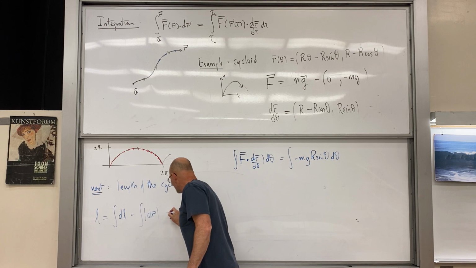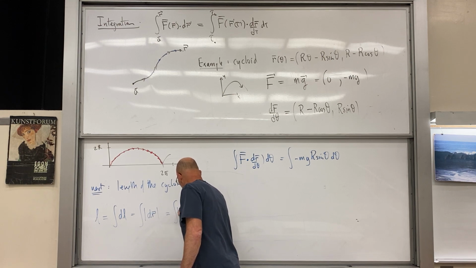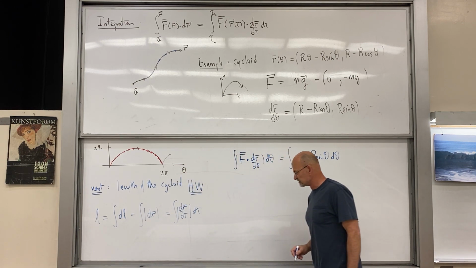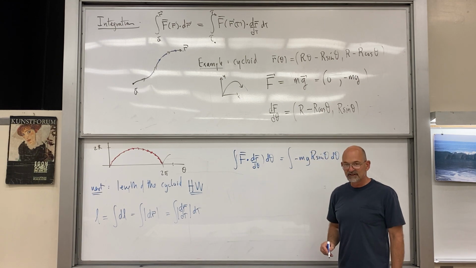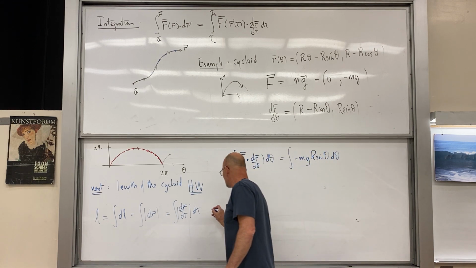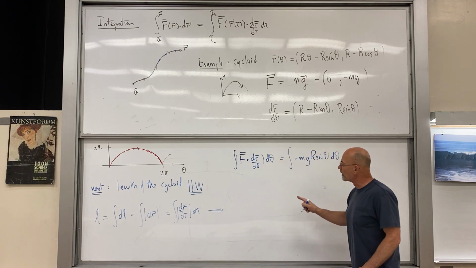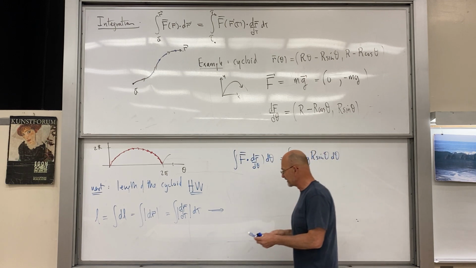But then we can say, okay, that will have to be these dr over d tau times the d tau. And that'll actually be the length. So what are we going to do for our cycloid? I'll write here the cycloid.